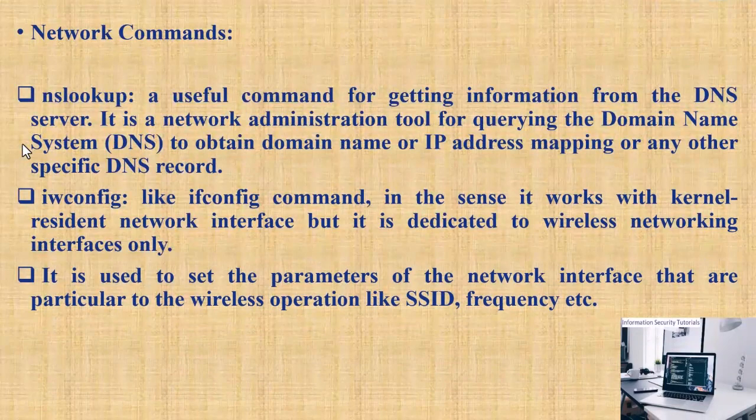So if you want to focus only on wireless interface configuration information, you can use iwconfig and get all the configuration of the wireless cards. It's used to set parameters as well, similar to ifconfig. You can use it to set wireless operations like SSID, frequency, and so on.